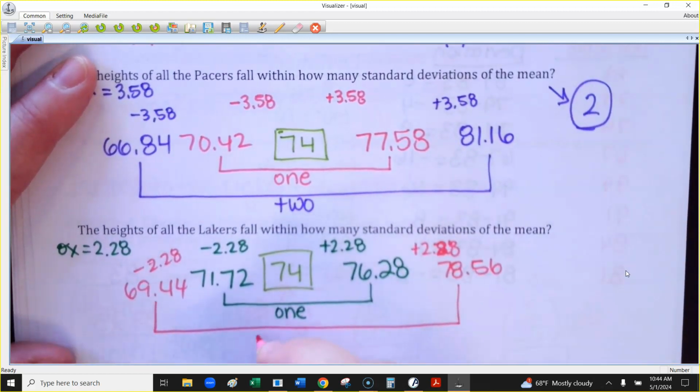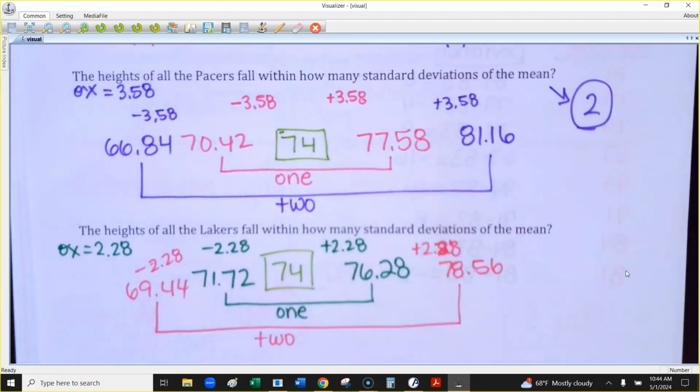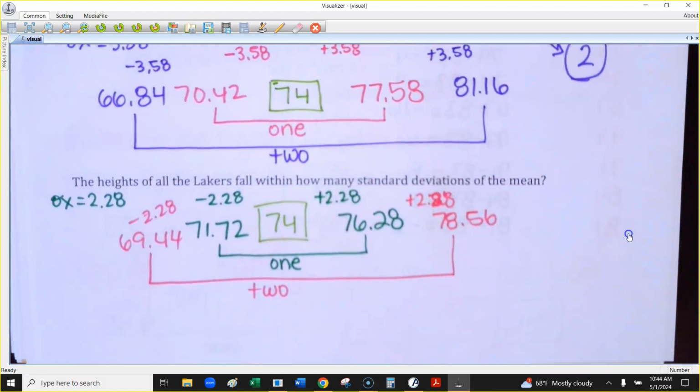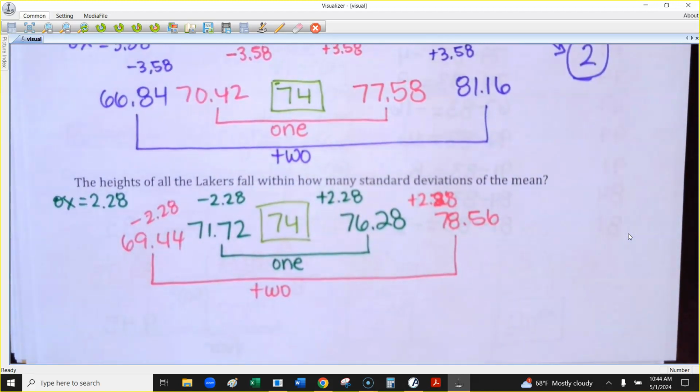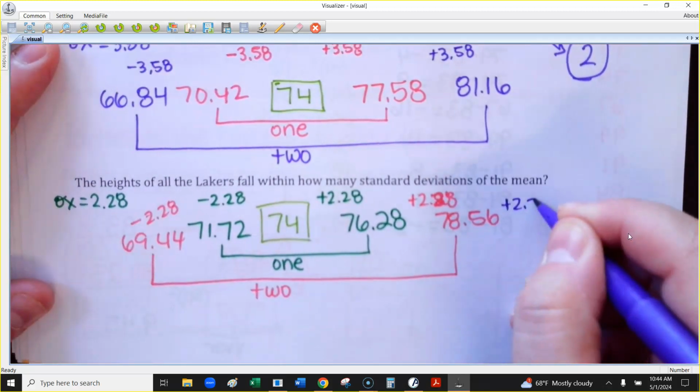So within two. Do I have to go out farther? Yes, because we had a 79 and actually on the other end we had 69. So I got to do this one more time. So I'm going to add 2.28. This should be enough.